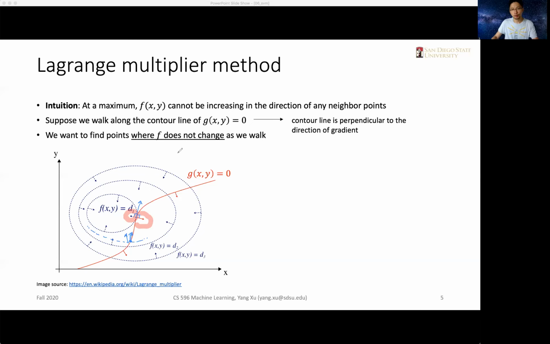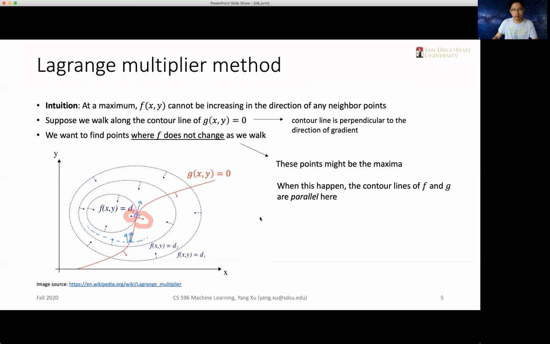So we want to find the points where f does not change as we walk. In this example, it is the point indicated by the triangle here. At this point, f does not change, and the contour lines of f and g are parallel.